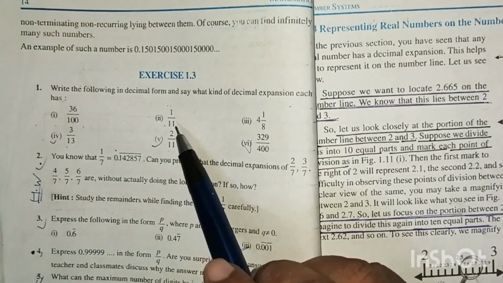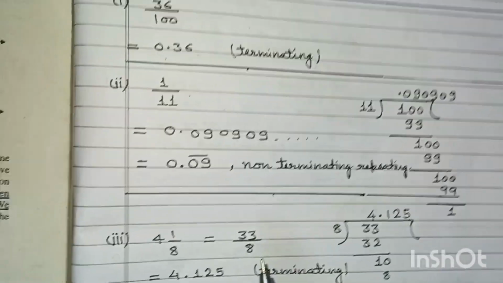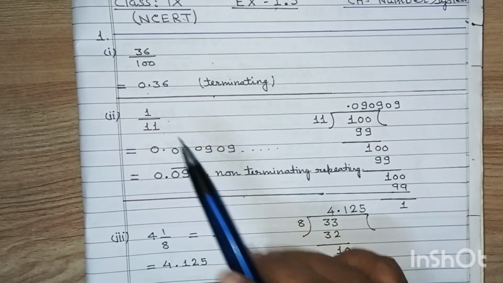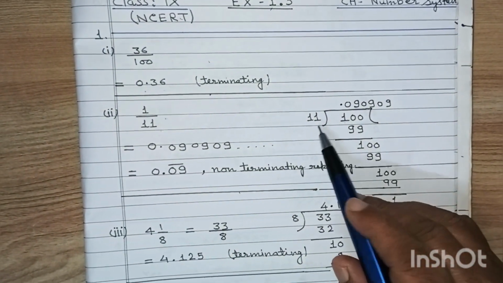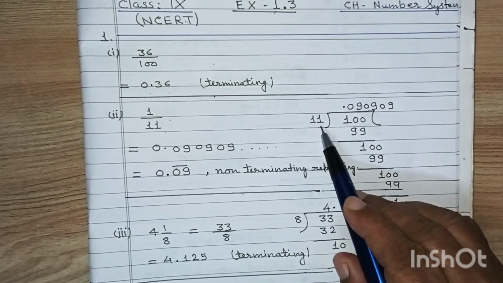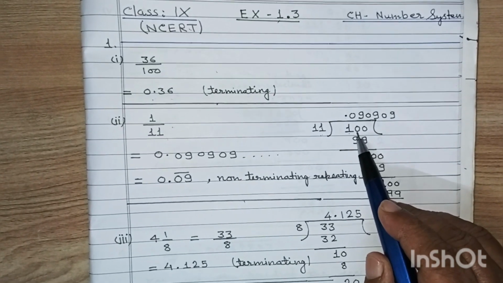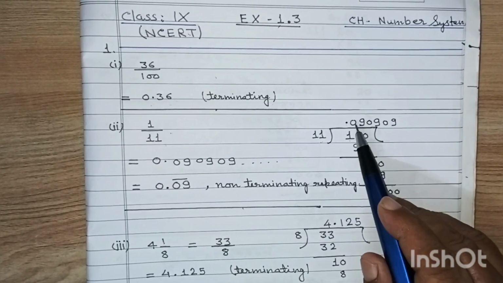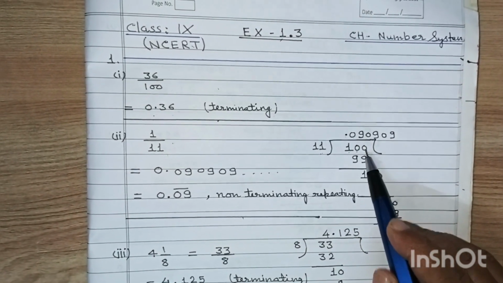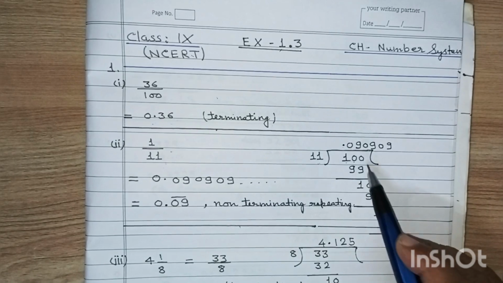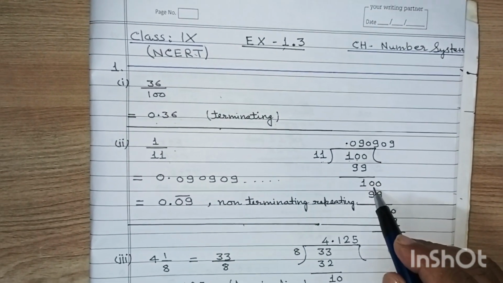Second part, 1 upon 11. 1 is divided by 11. Put a decimal. Now it is 10, not divisible yet, so 0, 0. Now it is 100. 11 nines are 99. 1, 0, not divisible.